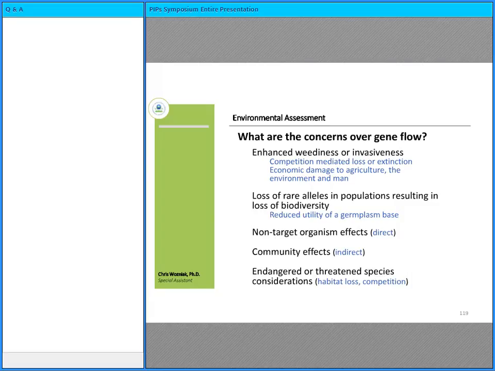Non-target organism effects, we've already mentioned that. They can be both direct and indirect, larger community effects, and certainly, as Shannon mentioned, there's consideration for endangered or threatened species where there is such gene flow and integration occurring.